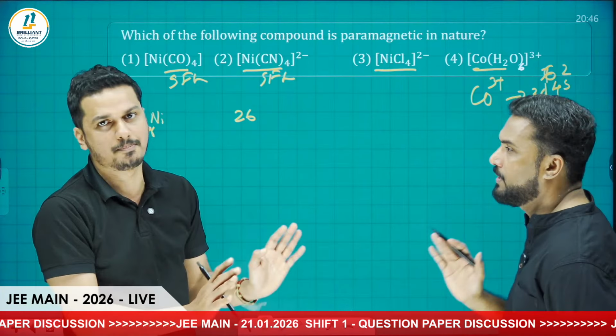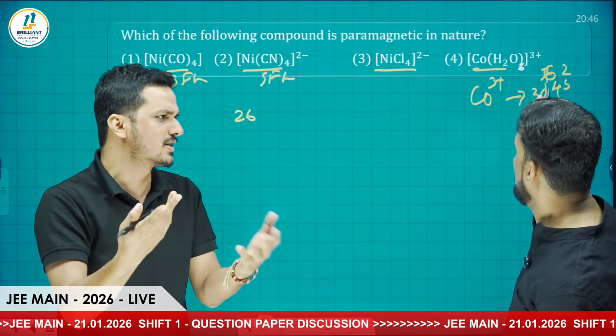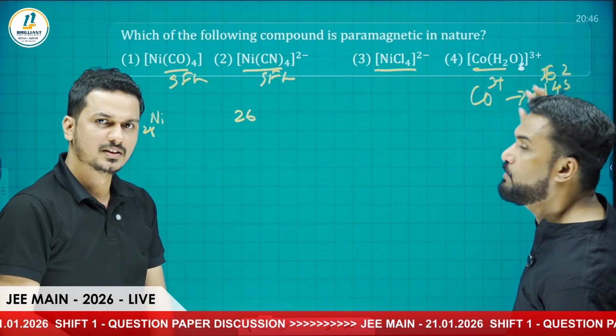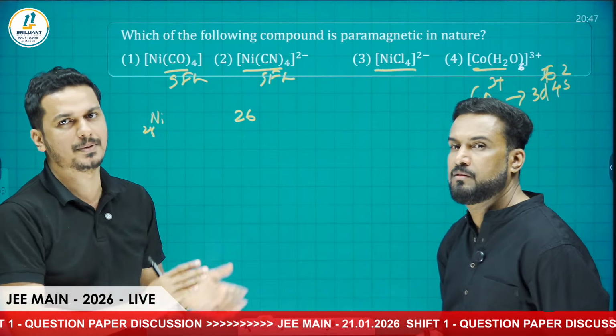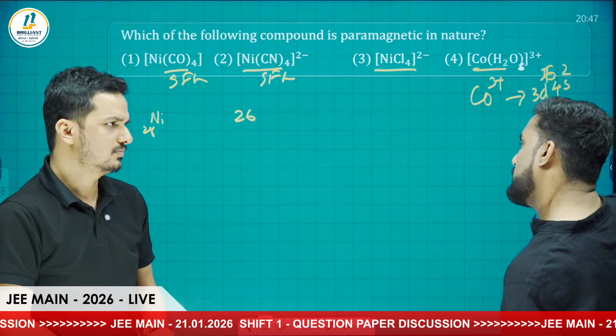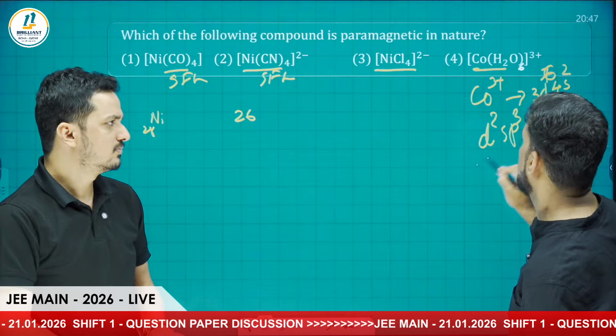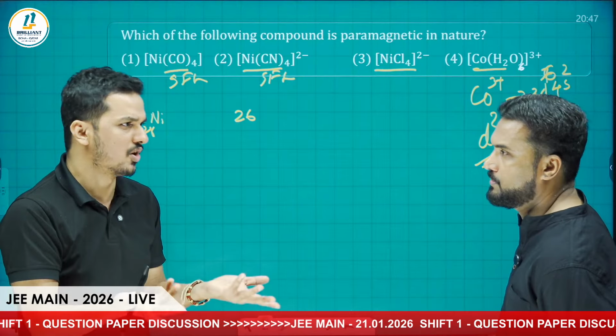Along with cobalt 3+, H2O will always act as a strong field ligand, which we already discussed in the classes. If unpaired electrons are there, they will not all be paired, so it should be d2sp3. Then only will that hybridization be possible. No other hybridization is possible.